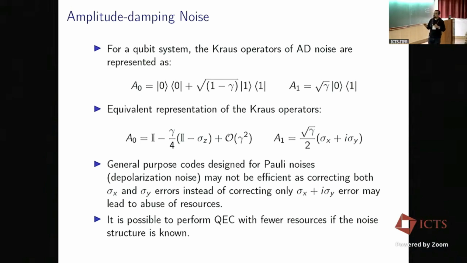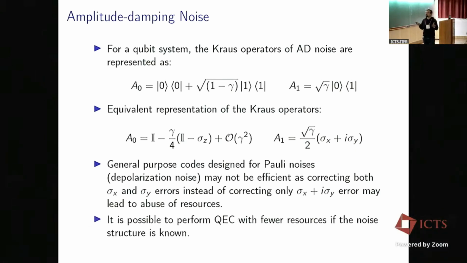So if you just break down, as you know, the Paulis, if some code can correct all the single Pauli errors, it also can correct this amplitude damping noise, because they are just combinations of Paulis. So you can break down like this. A general purpose code designed for only depolarization noise or Pauli noise can correct this, but there is some abuse of resources, because you are correcting sigma x, sigma y, sigma z separately.